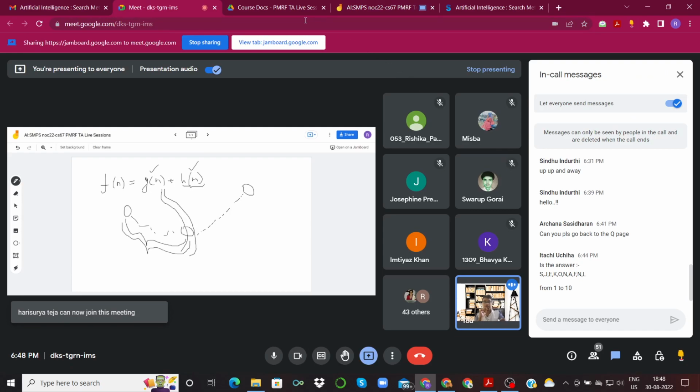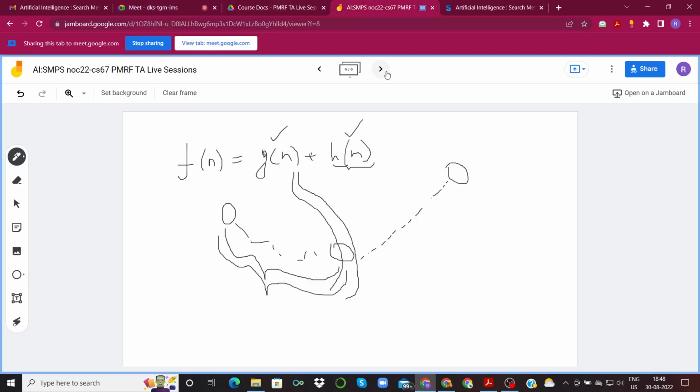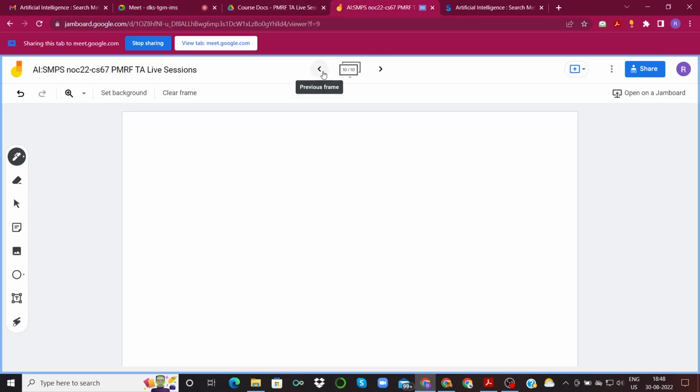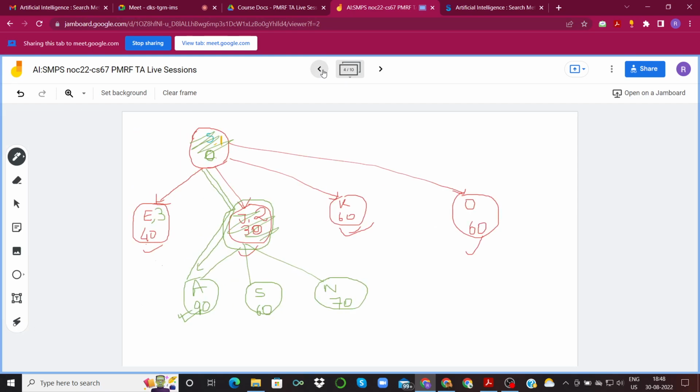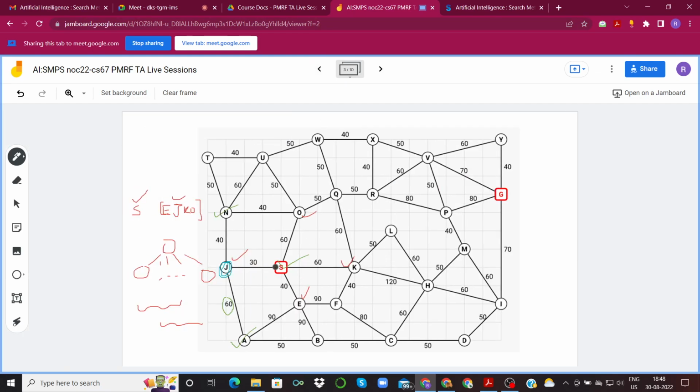Okay, so let's quickly have a look at the search tree for that. We start from S. Note that here the cost is 160, not 0. Why is that? Let's go back to the map quickly. Initially the cost was 0 because the actual cost of going from S to nowhere is of course 0.